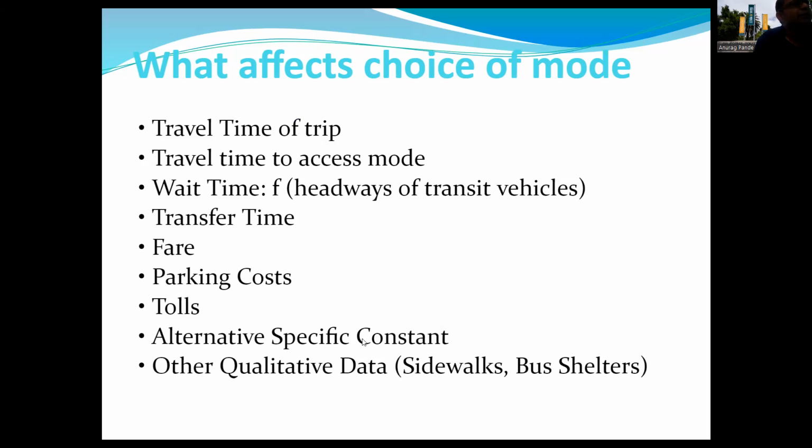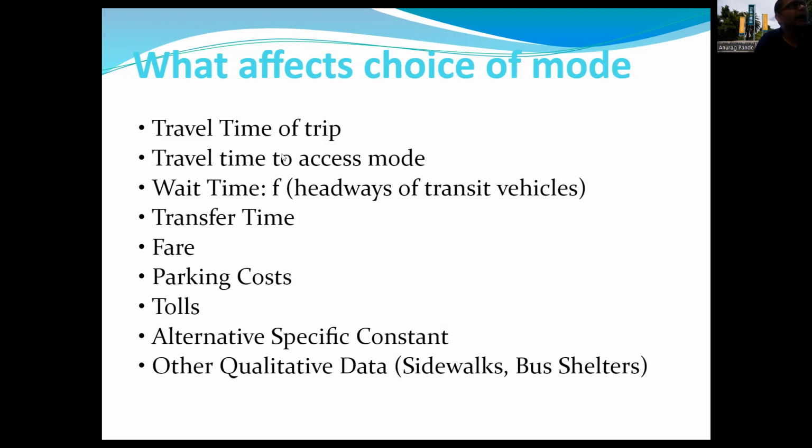And then there's the alternative specific constant. It's kind of weird to read it like that, but this basically accounts for all the intangible factors that go into a mode choice. For example, driving your own personal bike or car gives you a certain type of freedom. You can leave and start whenever you want, and that has some value.